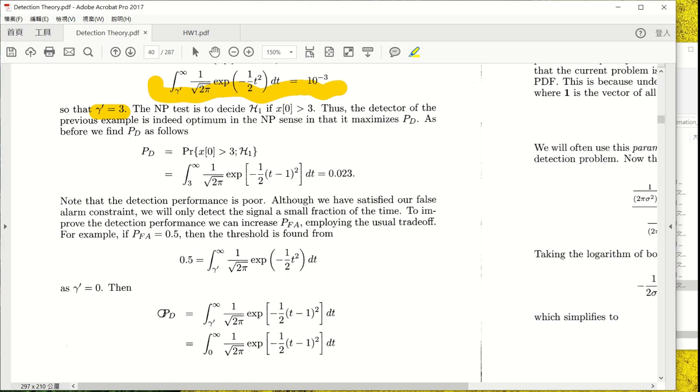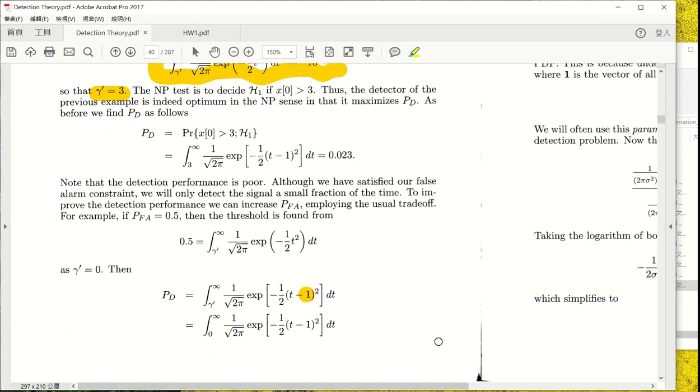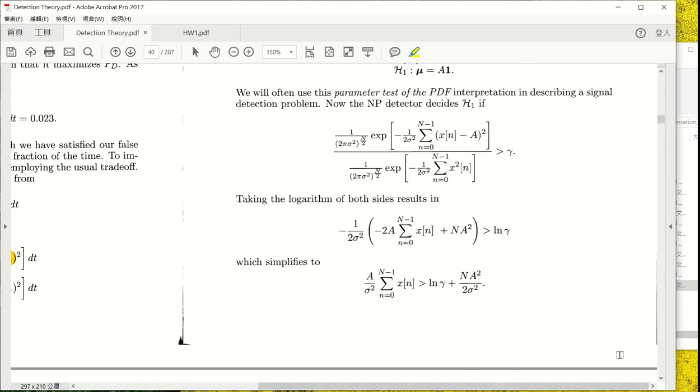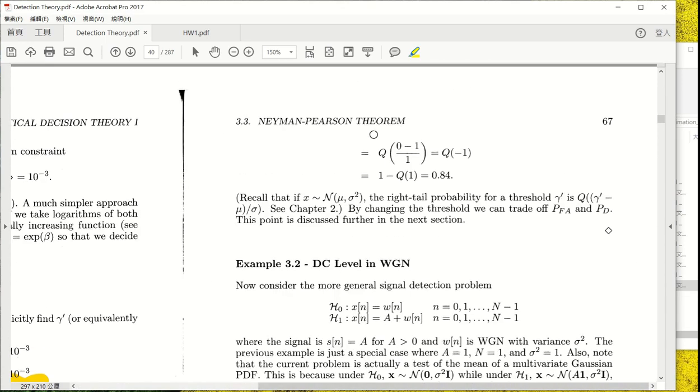Okay, then PD is equal to this thing to infinity. Of course, this has a 1 here, which is not zero mean, right? Then you start to calculate. You see, it's not that trivial anymore. It becomes a Q function of this point.